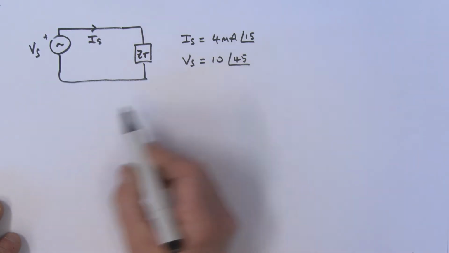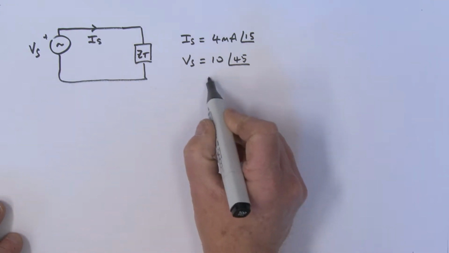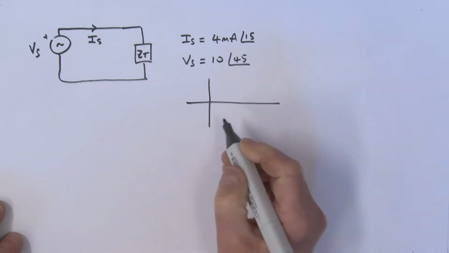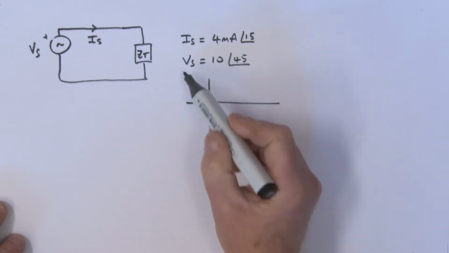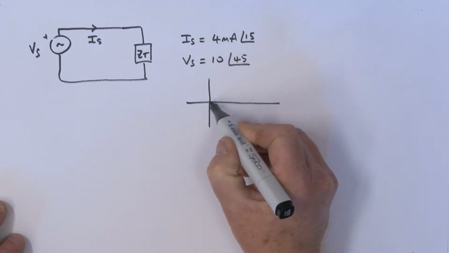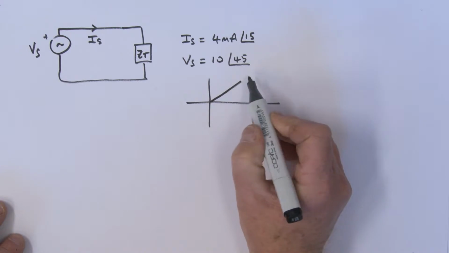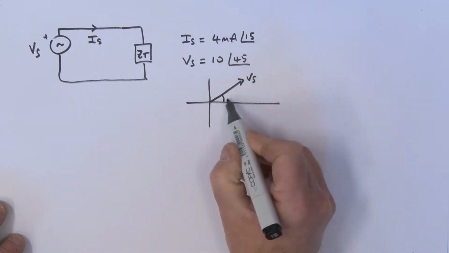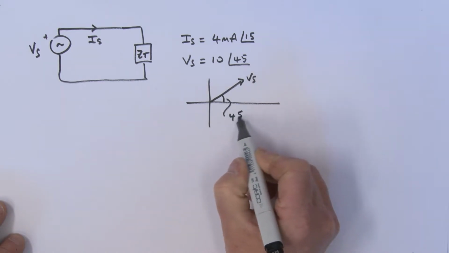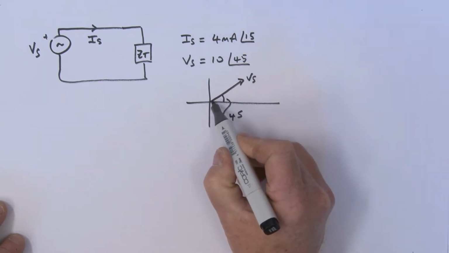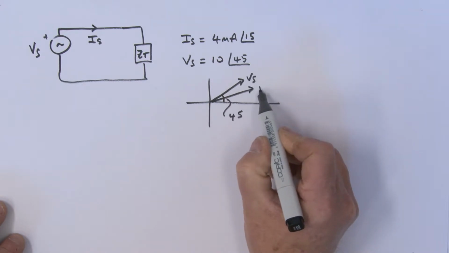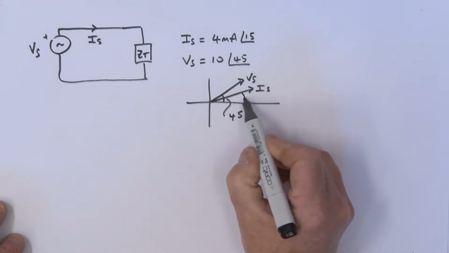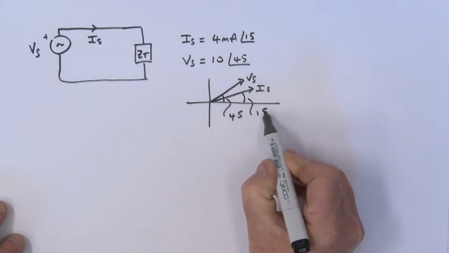power. Before we start, let's look at a little diagram showing the angle relationships of this voltage and current. So we've got Vs looking like this, and this angle here would be 45. And then Is sits here, and this angle over here is the 15 degrees.